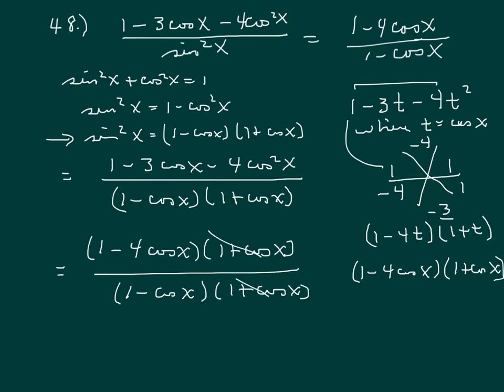These terms factor out, and I'm left with 1 minus 4 cosine x over 1 minus cosine x, which was what I desired in the beginning.